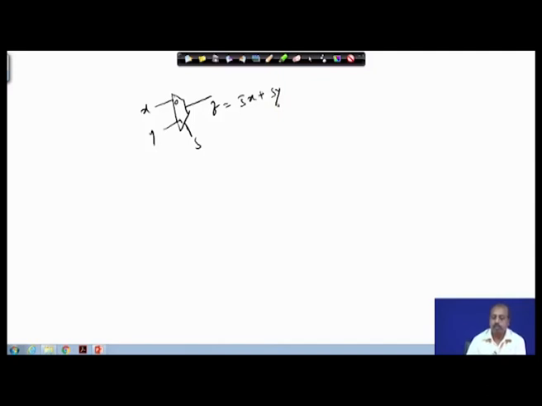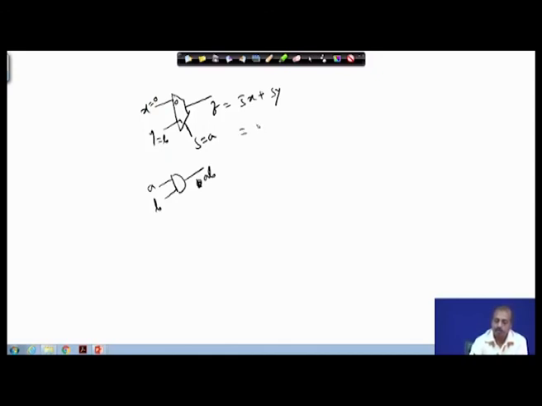Now, you can use this structure to realize an AND gate. How? For the AND gate, if I have got 2 inputs A and B, it should give me the function A B. So, if I apply A at S and B at Y, and if I make this x equal to 0, then this function transforms to something like this.